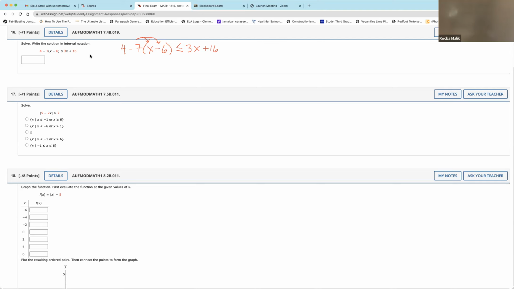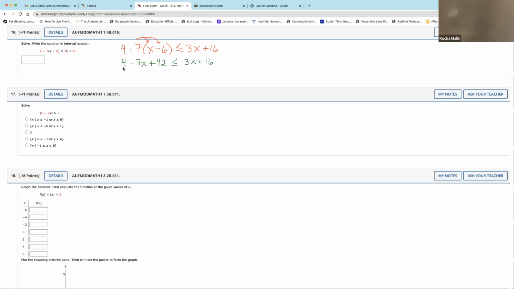Negative 7 times x is minus 7x. Negative 7 times negative 6 is plus 42, less than or equal to 3x plus 16. I'm going to write it over again.